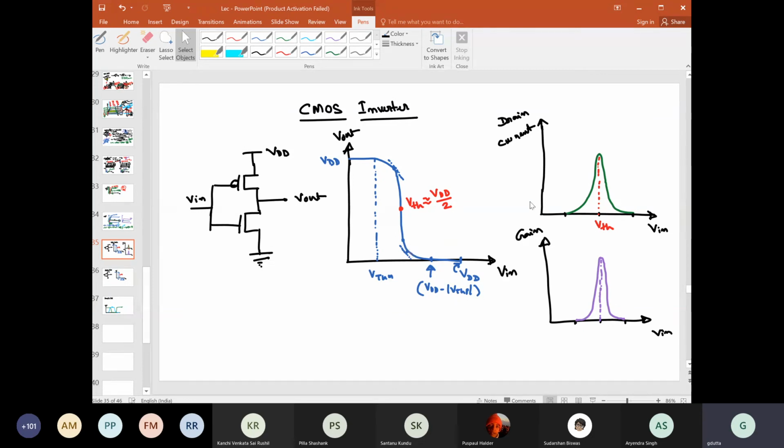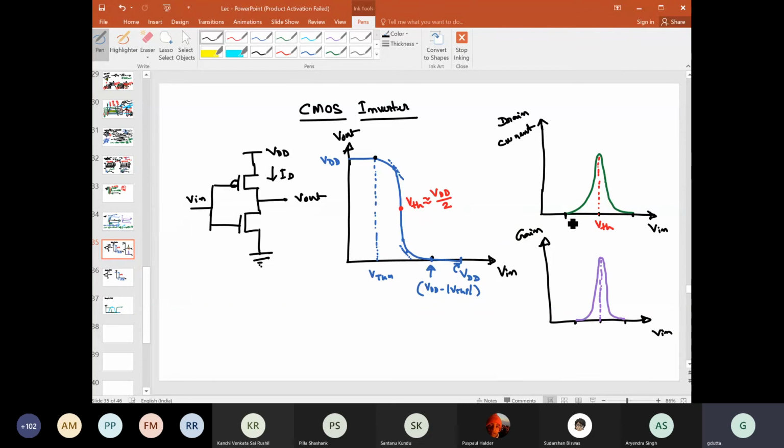So if you consider from this point, and if you really want to see the drain current that is flowing, obviously the same current has to flow through both this NMOS and PMOS, right? And that is only possible when both the transistors are on, that is between these 2 points, right?